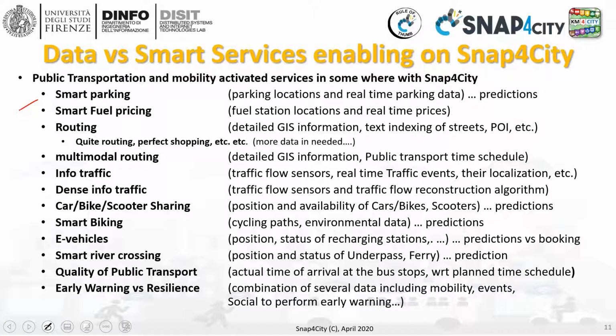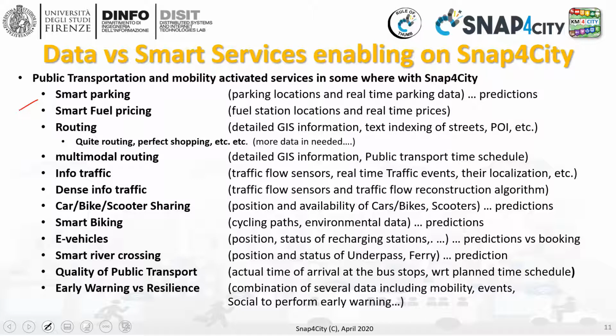The same for routing. You may have basic information for GIS, but you need to have precise management and precise information on how to manage the left-right turn or the sides of the street and so on. If you would like to realize a routing for special travel means, you need to have more details.